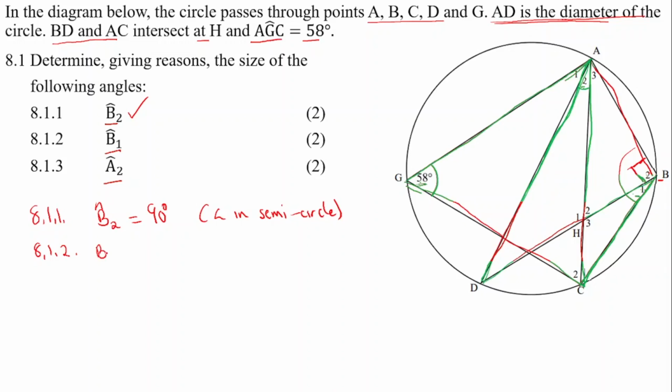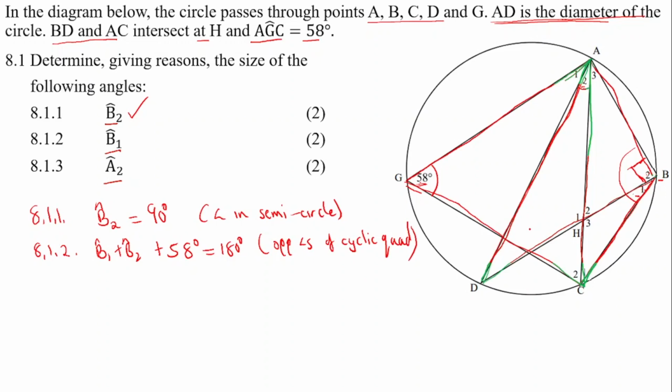Then angle B1 plus angle B2, that is angle ABC, right? And then plus the 58 degrees, which is angle AGC. This must give us 180 degrees because they are opposite angles of a cyclic quad.